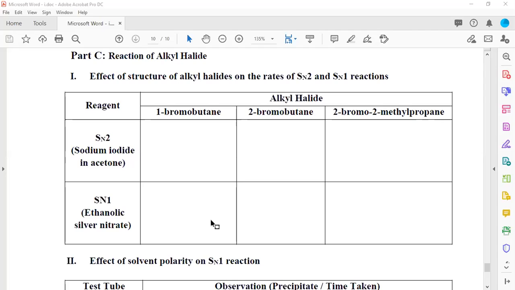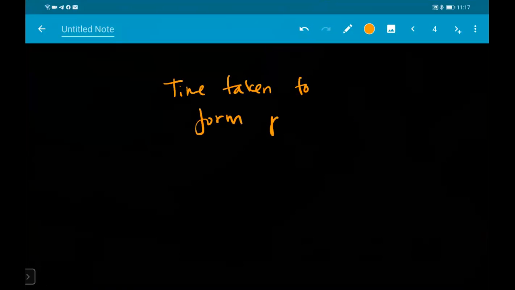How do you know whether it prefers such a reaction or not? Senang saja. Alright, it depends on what we call the time taken to form precipitate.